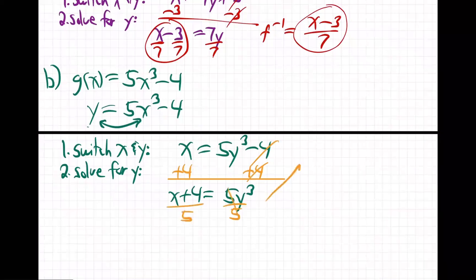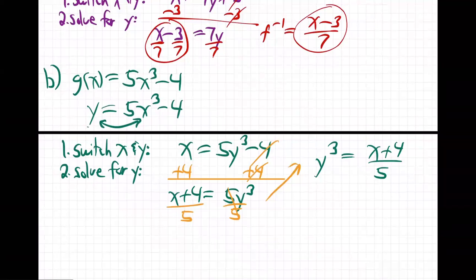Boom. So we get y cubed is x plus 4 over 5. We're almost there. So far, so good. This making sense? Y to the third power is x plus 4 over 5.